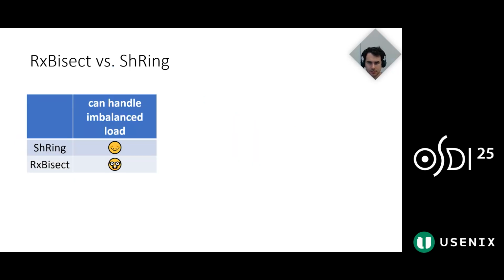Next, we summarize the differences between rxBisect and shRing. First, as we've seen in the previous slide, shRing can't handle imbalanced loads, as one overloaded call will slow down all other calls sharing a ring. In contrast, in rxBisect, imbalanced load impacts only the overloaded call, while other calls make progress with their AX and BX links unimpeded.